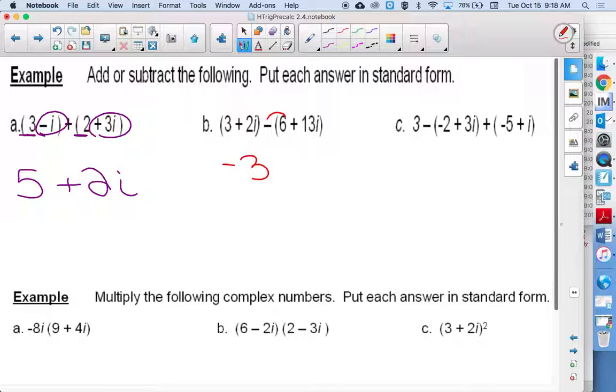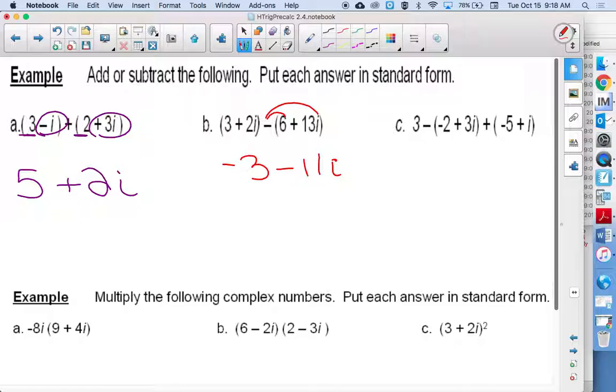And then I took the 2i and just subtracted 13i. Yeah. And 2i minus 13i is negative 11i. So again, both of those are being subtracted. Make sure that you're subtracting both of them. So the negative goes to the 6 and the 13 because the whole quantity is in parentheses.